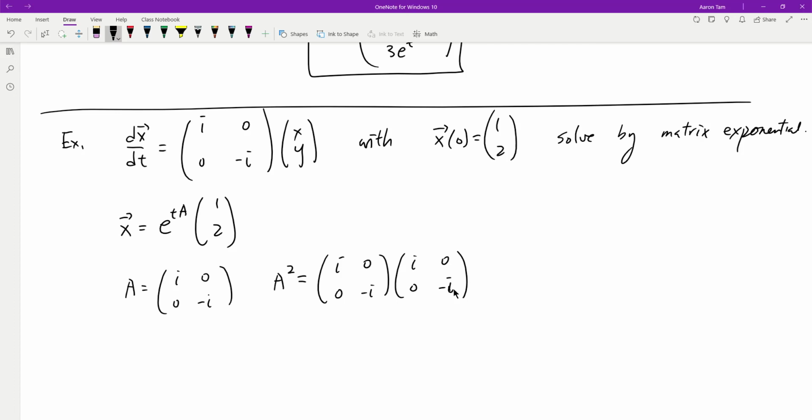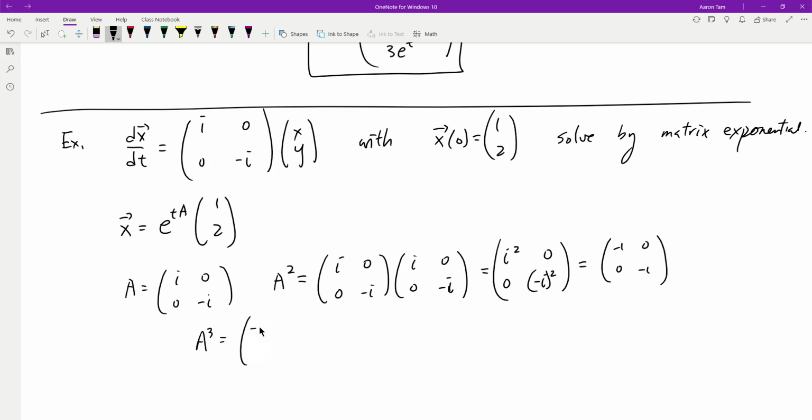Some of you probably already figured out what that is because of what I told you about diagonal matrices. That just comes out to be i times i, which is i squared, 0, 0, negative i squared, which comes out to be [negative 1, 0, 0, negative 1]. And then what is A to the third?